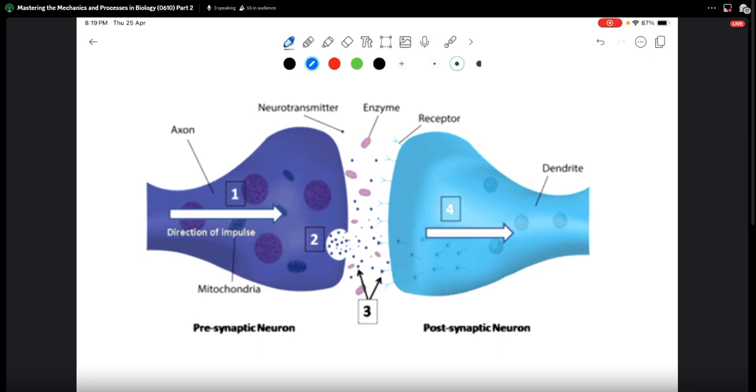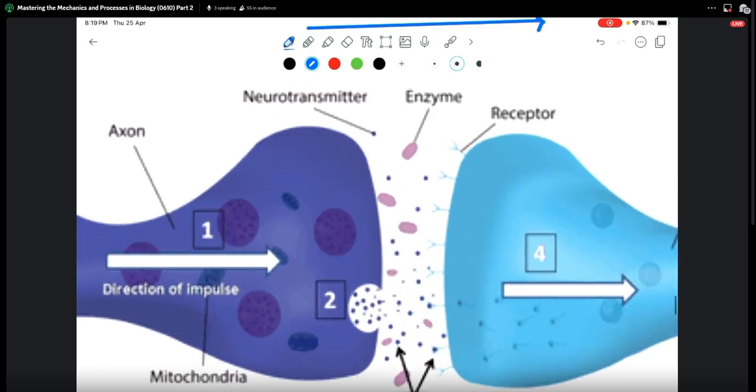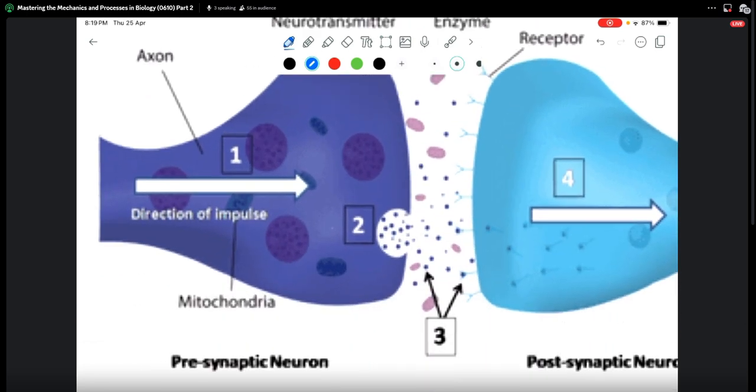So we start from here. In the presynaptic neuron there are a lot of vesicles, and inside the vesicles are a lot of neurotransmitters which are ready to be released.